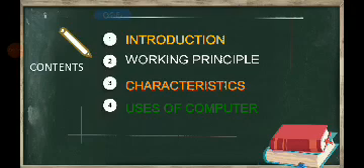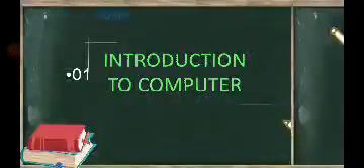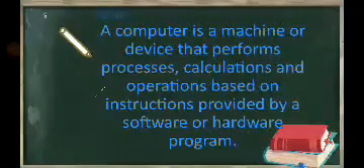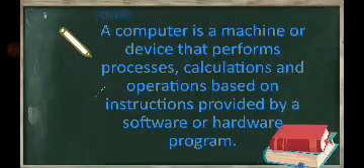So as you all know, what is a computer? Computer is a machine or device that performs and processes calculations and operations based on instructions provided by a software or hardware program.